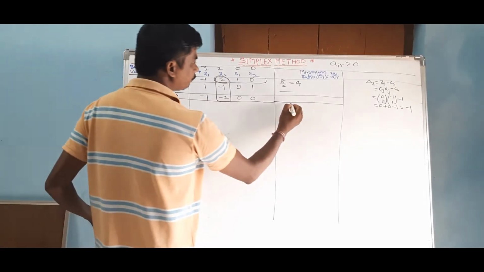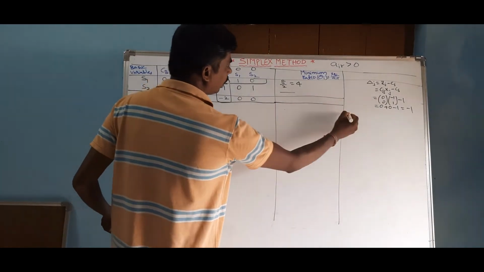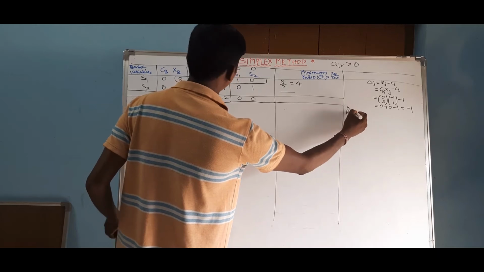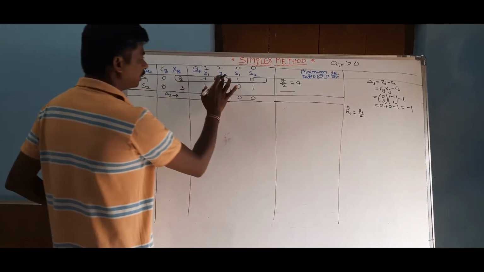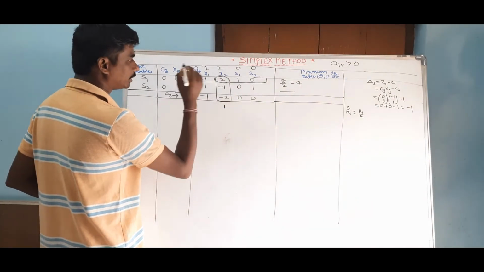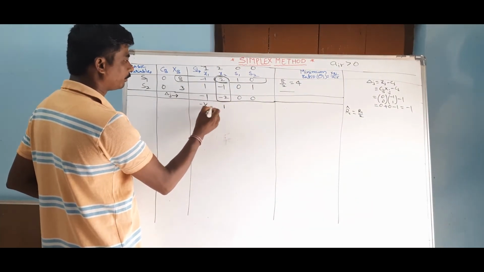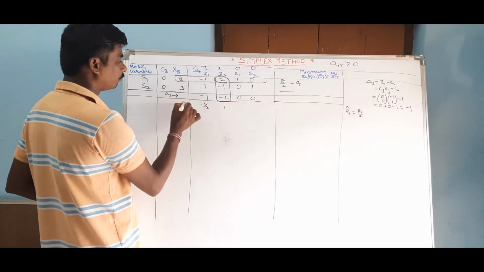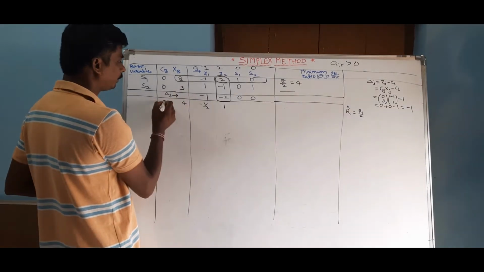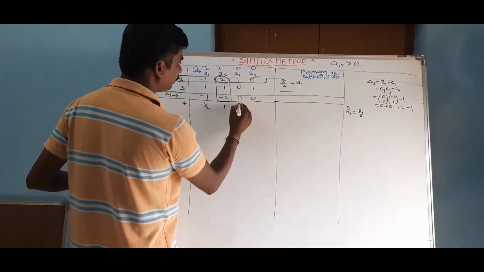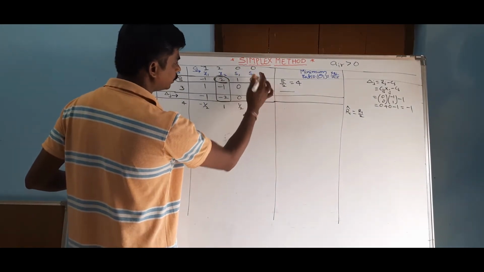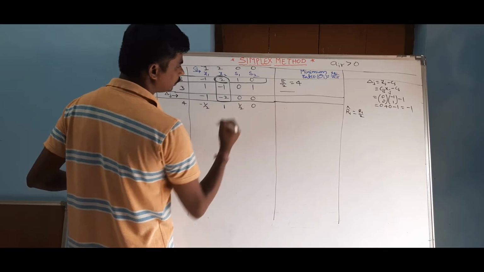Now R1 cap equals R1 divided by 2. Now see here, 1 by 2, 8 by 2 is 4, 0 by 2 is 0.